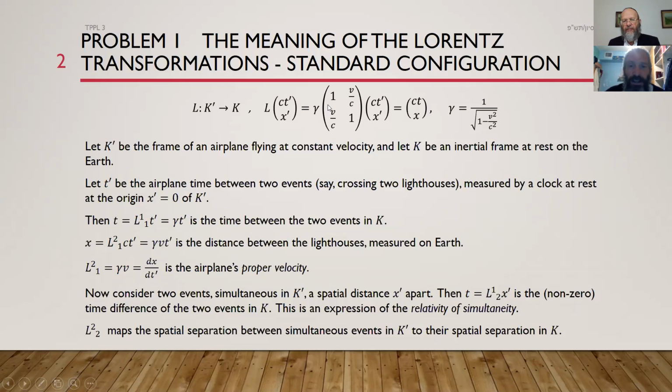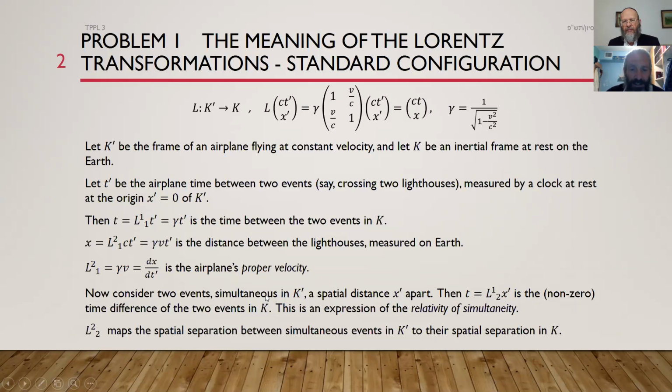Now to understand the second column in the matrix, consider two simultaneous events in the airplane, which are separated spatially by distance x prime. Then t, which is proportional to x prime, will not be zero, but represents the time difference of these two events in the lab frame.